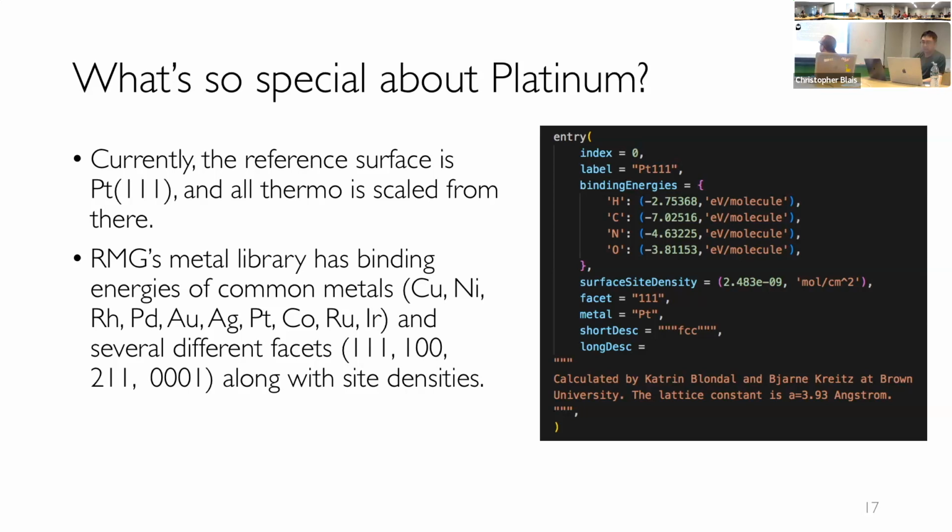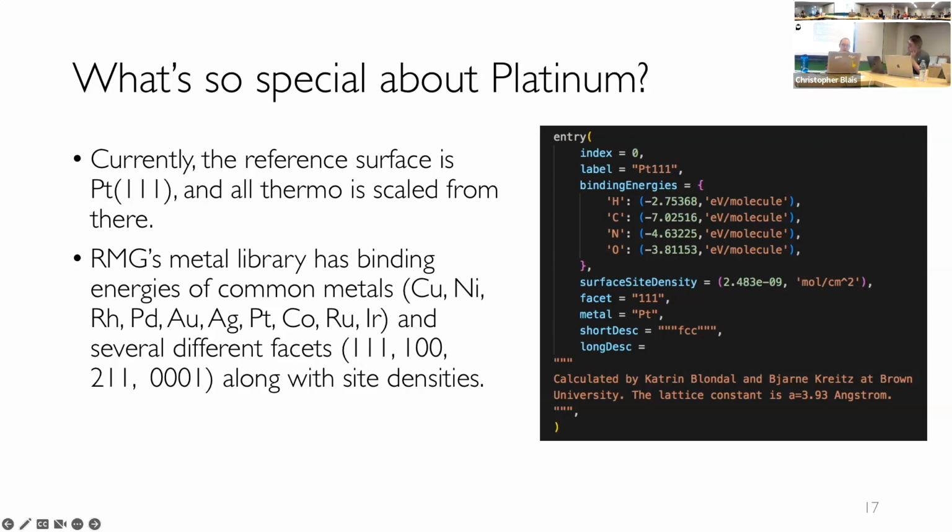I guess just to clarify though, this isn't combinatorial. We have all these metals. I think for copper, we have Cu 111, 100, and 211. I don't know if there's a copper 0001 surface, but we have kind of a smattering of these.